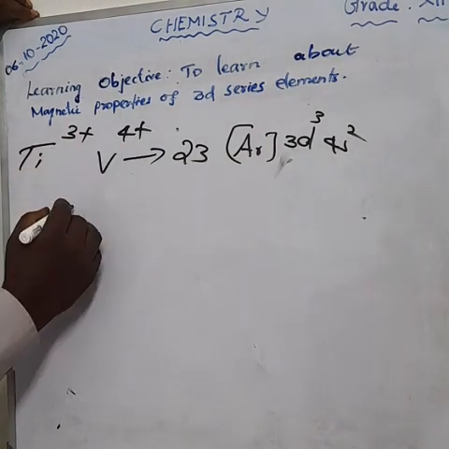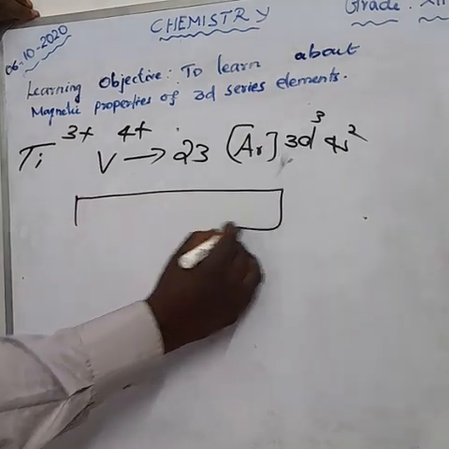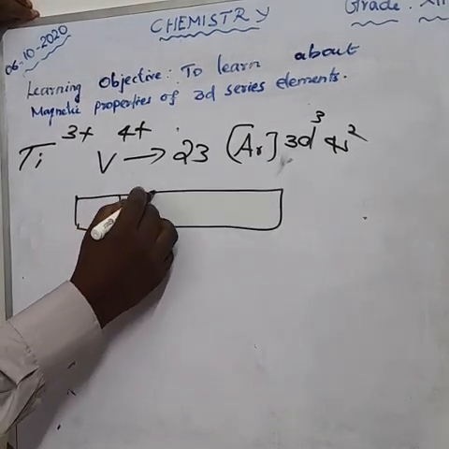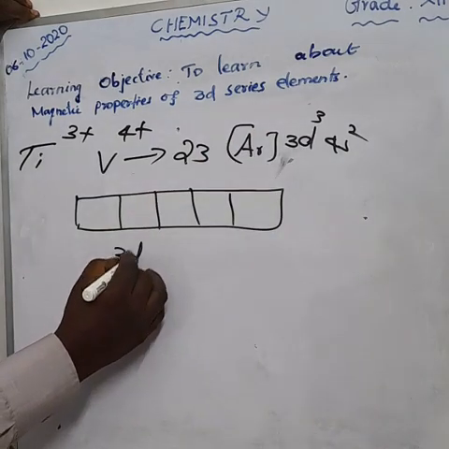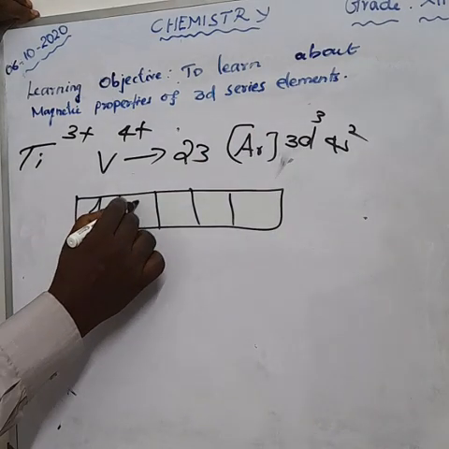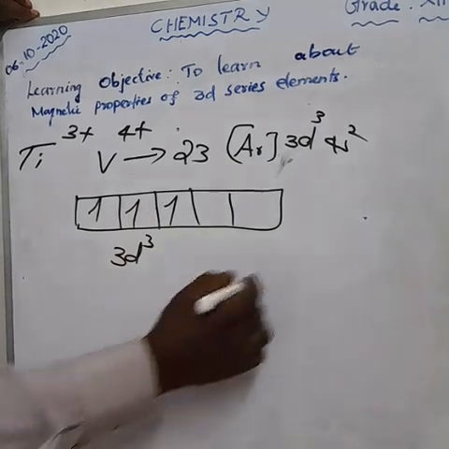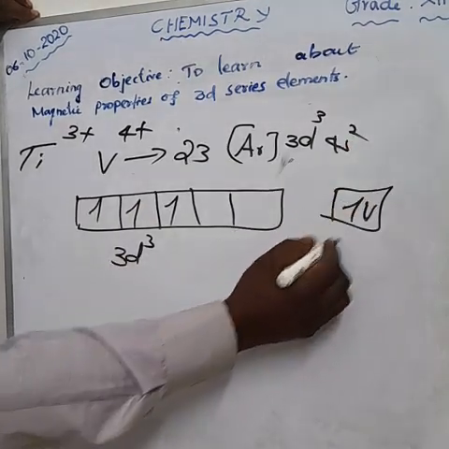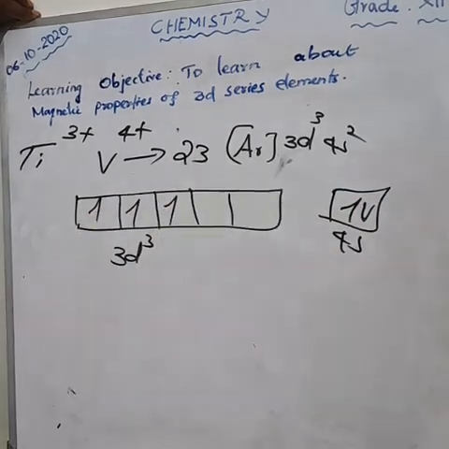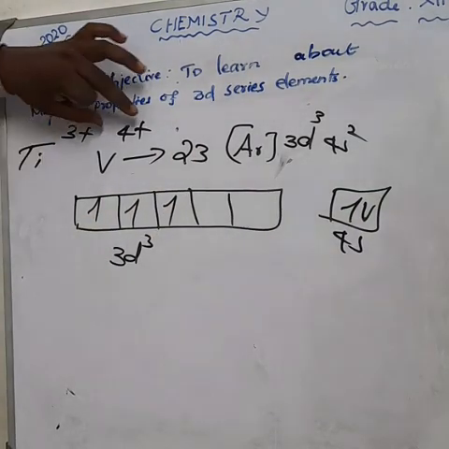First of all, we are drawing 3d. 3d3, am I right? 1, 2, 3. Next about 4s, here 4s has 2 electrons.